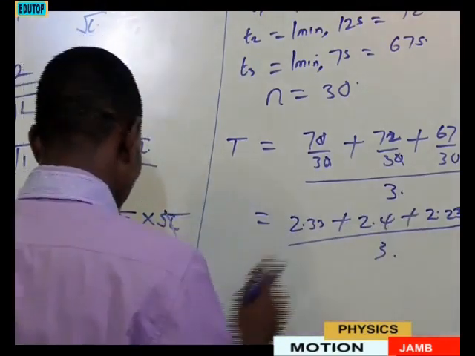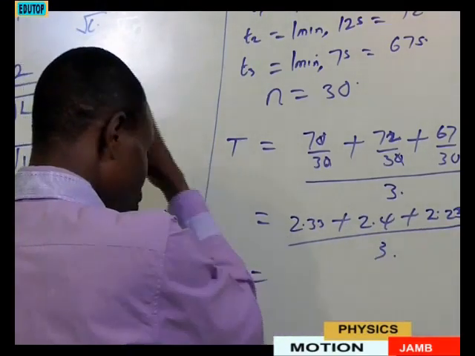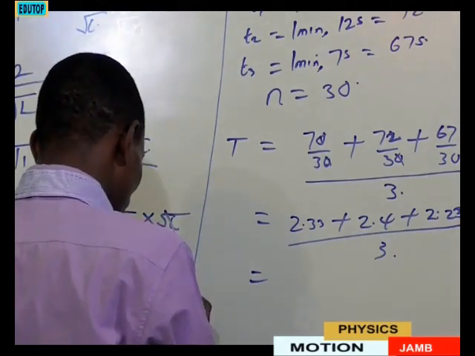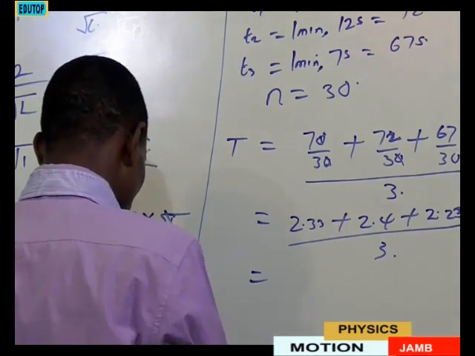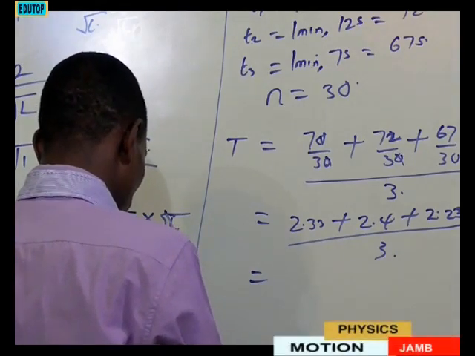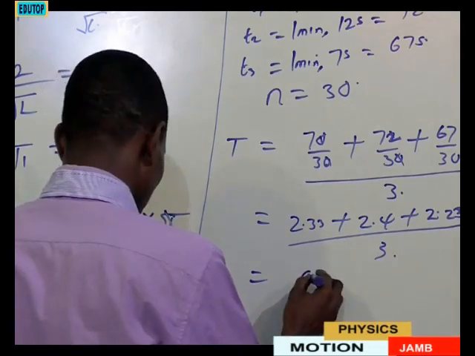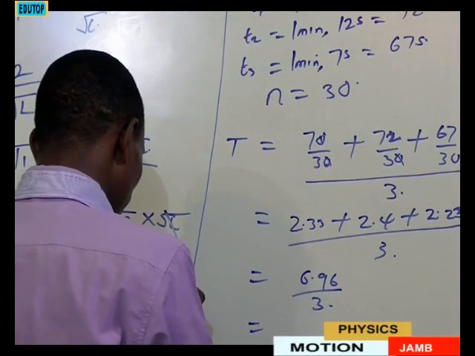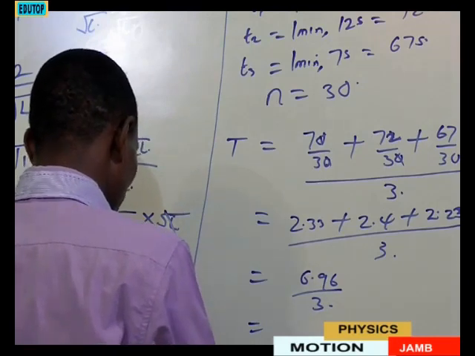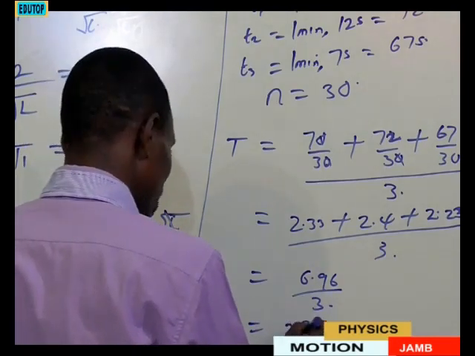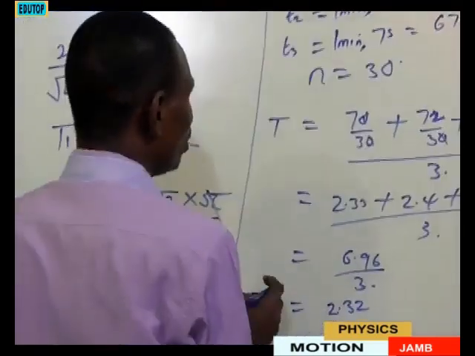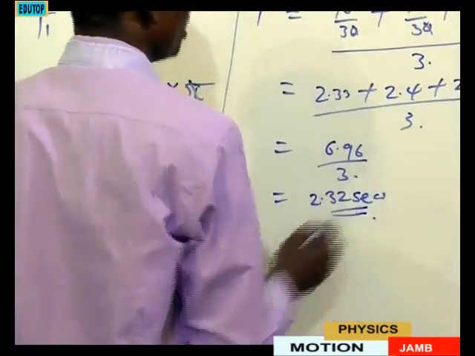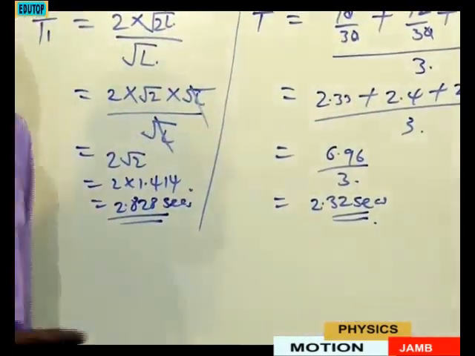And what I'm going to have now is everything together, 2.23 plus 2.4 plus 2.33. What we are having here is 6.96 divided by 3. If you divide by 3, we are going to have 2.32. And we are calculating for the mean period, which is in seconds. And that is the solution to question number 35.